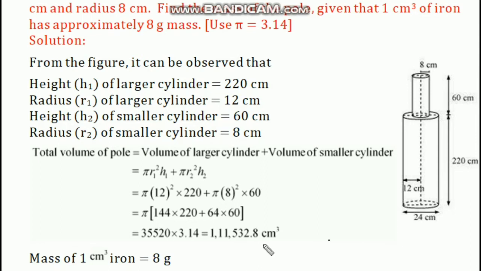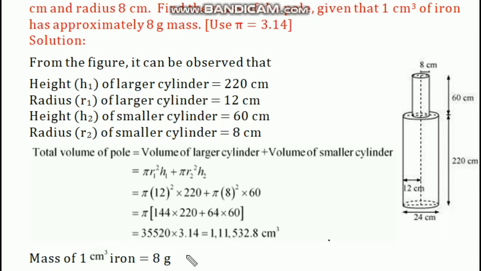So finally we will get 1,11,532.8 centimeter square. At the same time, here is given one condition: 1 centimeter cube of iron has approximately 8 gram mass. Here we need to find out the mass.